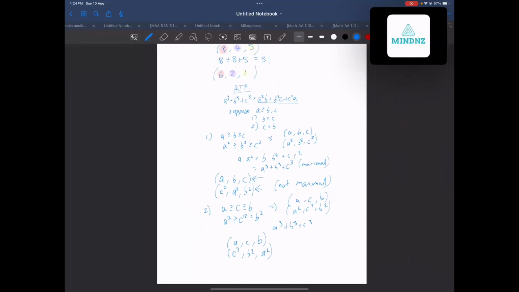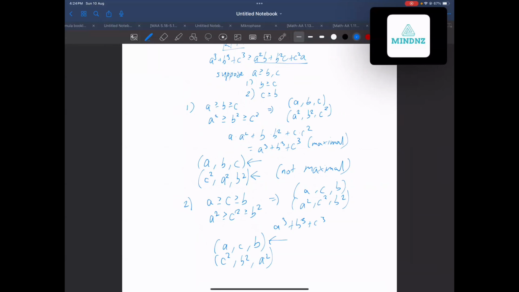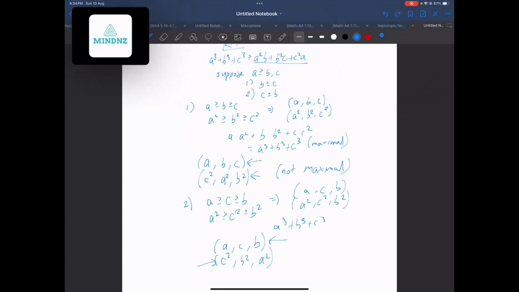Right. And now we can see that this is in order from greatest to smallest. But this one, you're starting with the smallest one, c squared... wait, no. c squared is not the smallest here. My bad. You'll be multiplying the greatest one by the middle one, c squared.